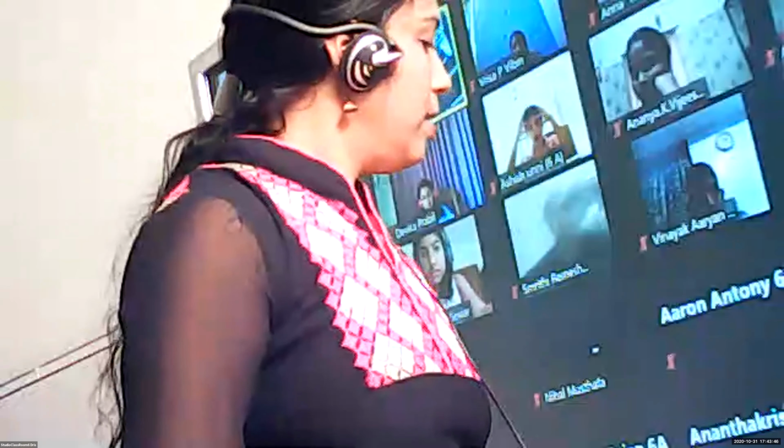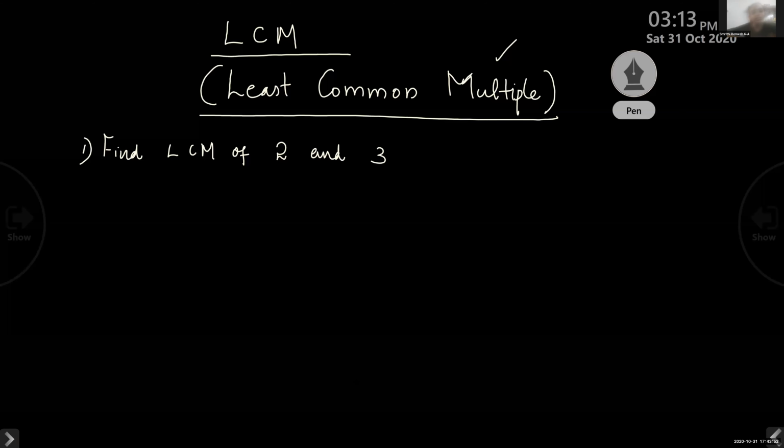Children, what do you mean by multiple? Ma'am, for example, multiples of 2 are 2, 4, 6. Multiples are the numbers you get in the multiplication table when you multiply a number by 1, 2, 3, 4, and so on.